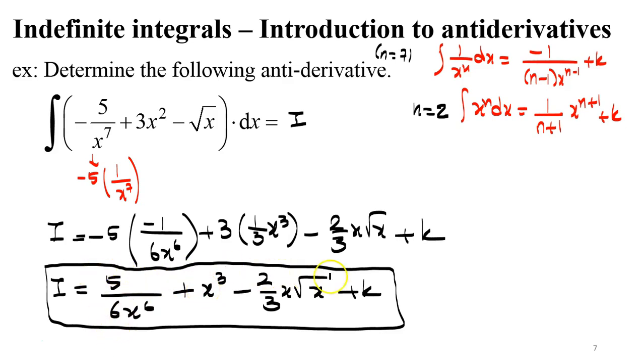Now, once you find the derivative of this expression, you have to go back to the expression you originally started with inside the integral. If you did not go back to the function you started with inside the integral, it means that you've done something wrong, whether in the derivative itself, in the process of checking, or in the process of integrating.